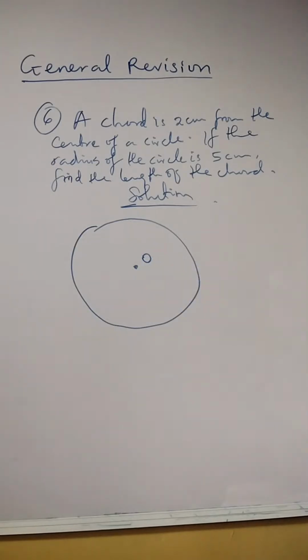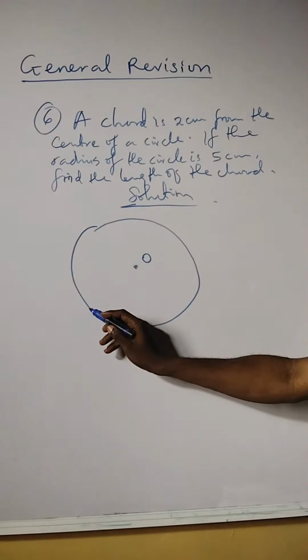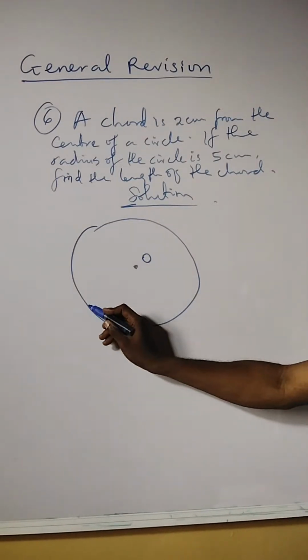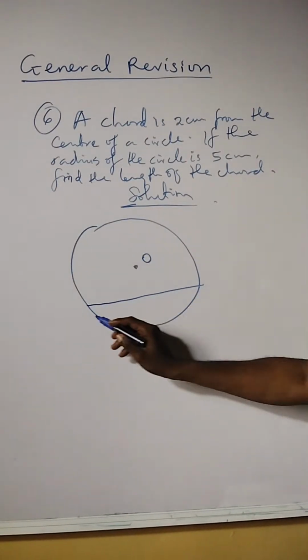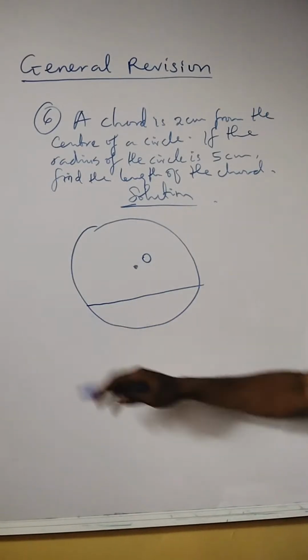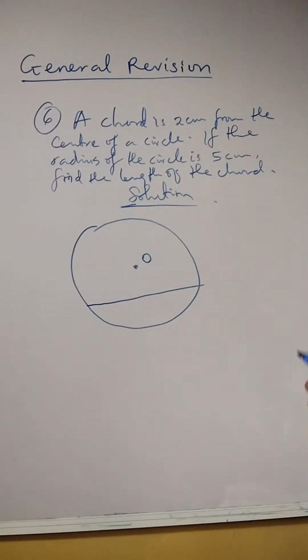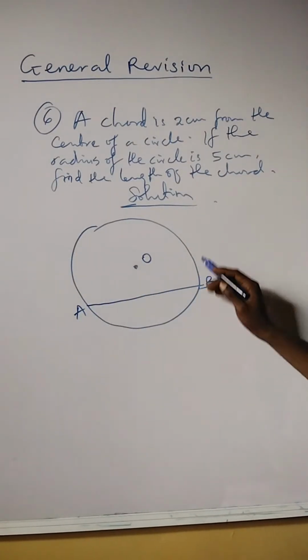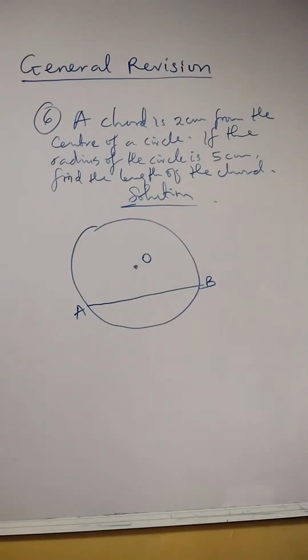A chord is 2 centimeters from the center of the circle. Now let's first draw a chord. A chord is a line that joins 2 points on the circumference. So you draw a line that joins these 2 points on the circumference. It might be anyhow, just make sure the line is touching 2 points. We draw it like this. You can label it as AB if you like, but the letters are not indicated here.